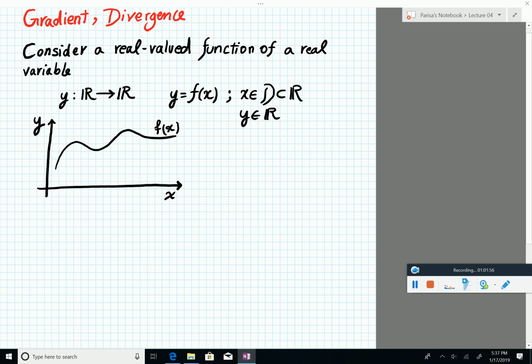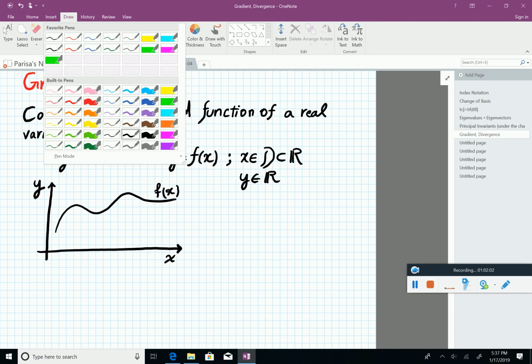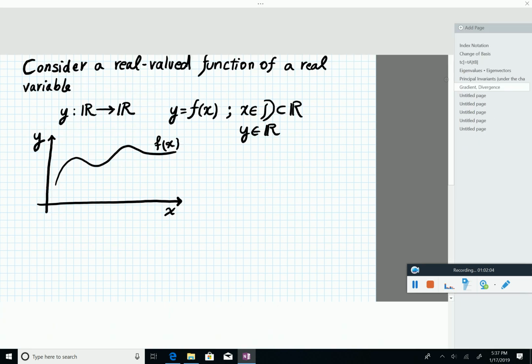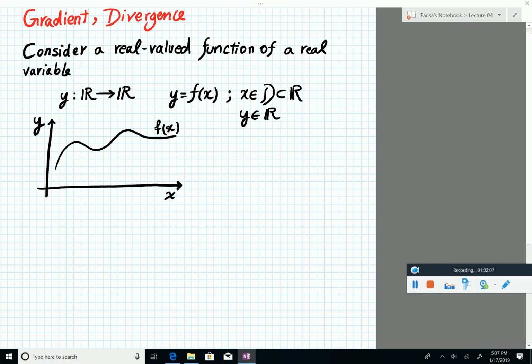And how did we define derivative for very simple real valued functions like this? Exactly. First of all, you have to ask me derivative where, right? Where do you want to calculate? So let's just take one point here, and this looks very simple to you. There is a reason I'm walking you through this.